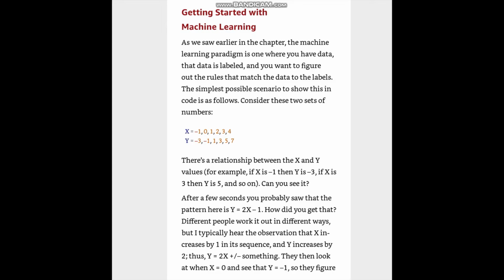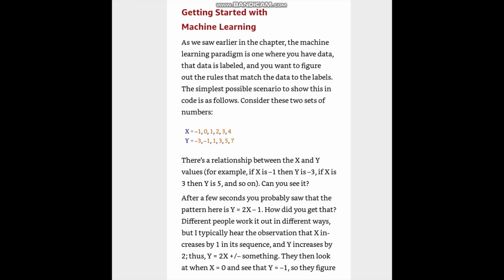So, we left at getting started with machine learning, and so we are here. Let us consider the two sets of numbers x and y. As you can see, there is some relationship between x and y. For example, when x is minus 1, y is minus 3.